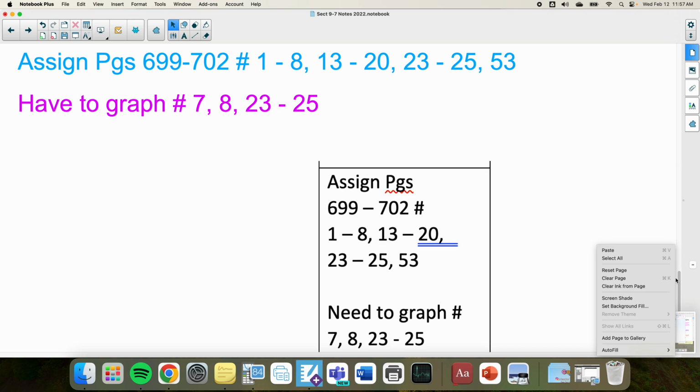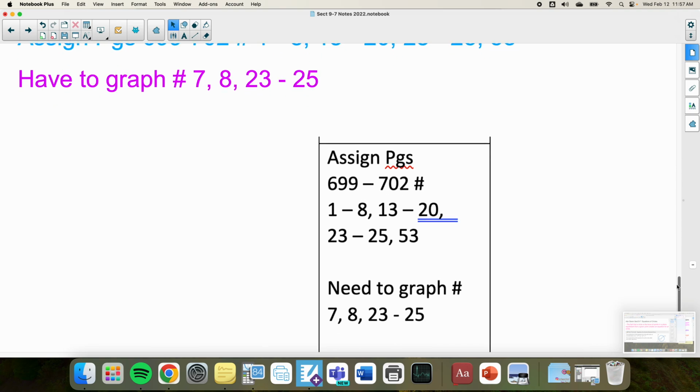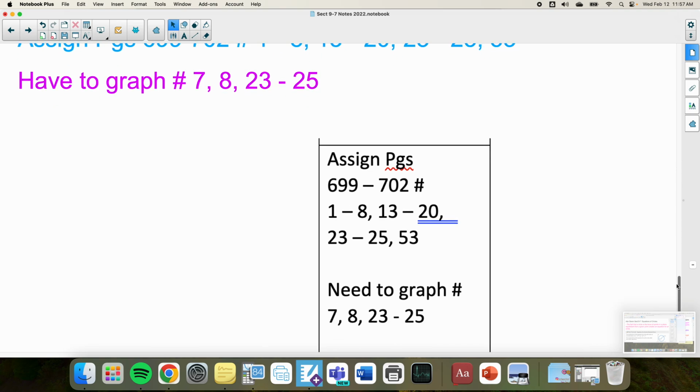So these aren't separate problems. These are just saying those 5 are the ones you have to graph. Okay? So there's about 19 problems. Maybe 20, 21? You have the graph paper?